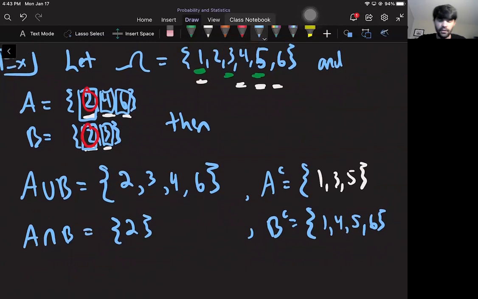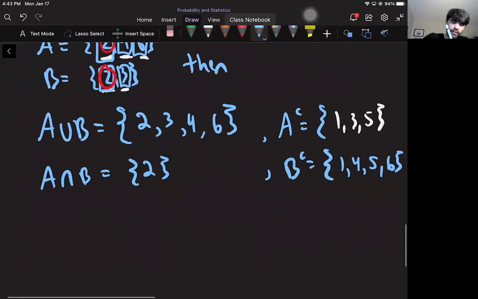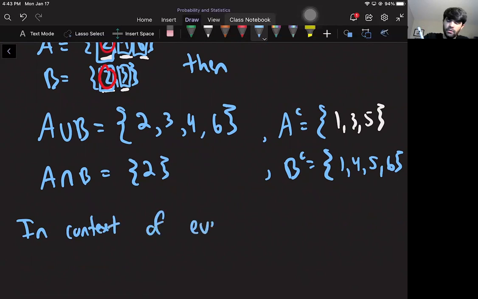So this is all just pure set theory stuff. But in our language and in the context of this class, meaning we're going to use the word events or outcomes instead of subsets and elements, we could sort of think about these like that too.